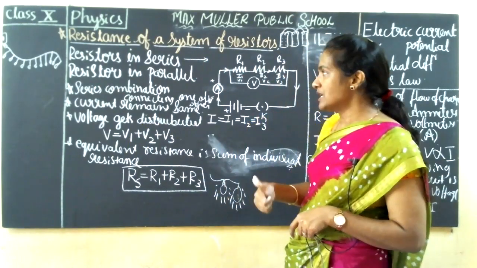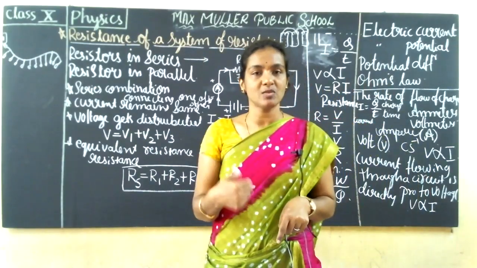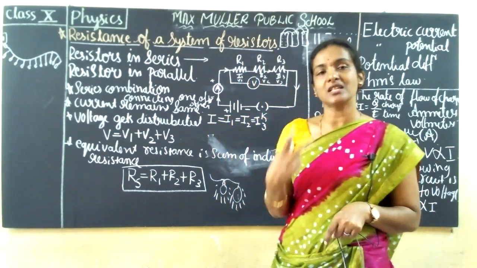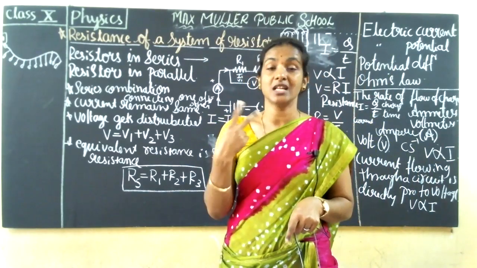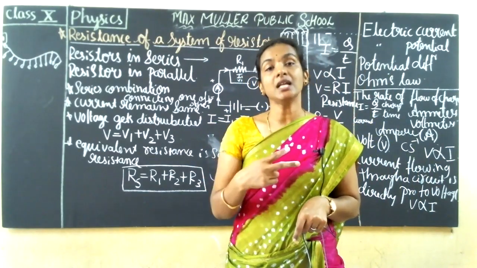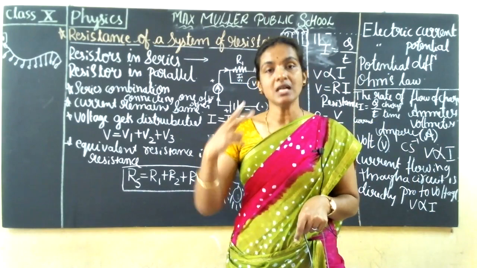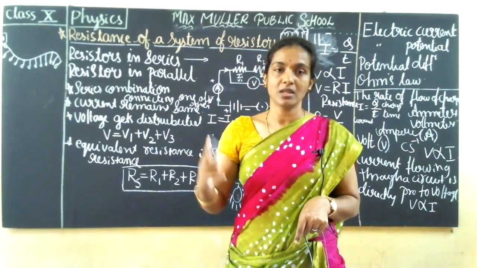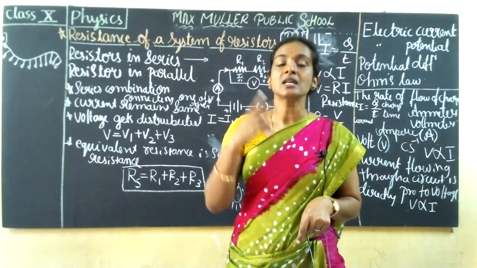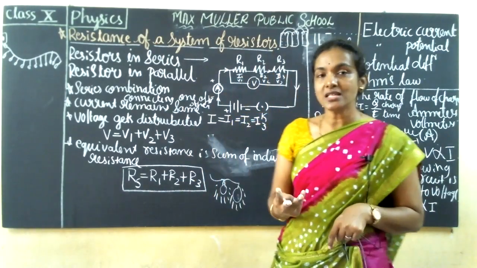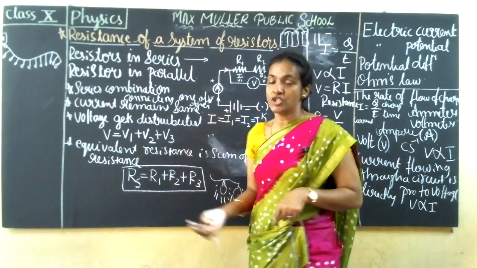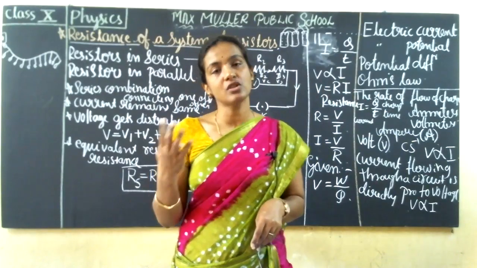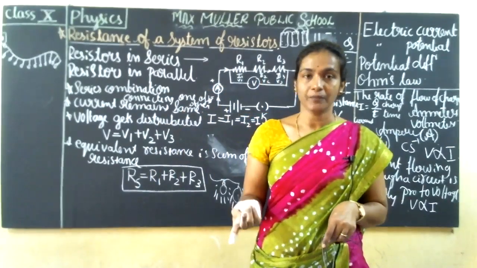The first point is, when you connect resistors in a series, you connect them one after the other. The second point is, if the resistors are connected in a series in a circuit, the current is the same throughout the circuit. The third point is, voltage gets distributed, that is V is equal to V1 plus V2 plus V3.